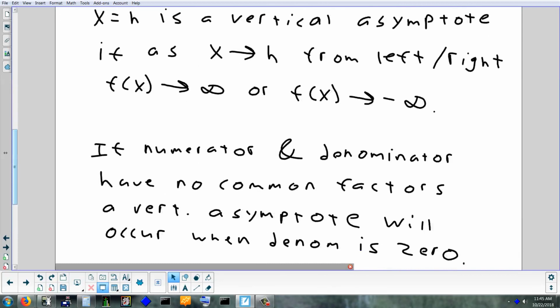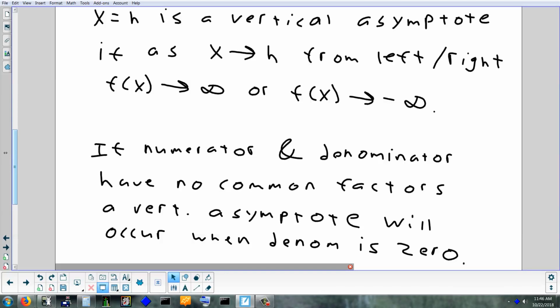Now I say if they don't have common factors, because does anyone remember what happens if you have a common factor in the top and the bottom? It was another way that a graph can have a discontinuity. It's not a break, but it was called something else. Something you can't see on the calculator because it's so small. Yeah? A hole.